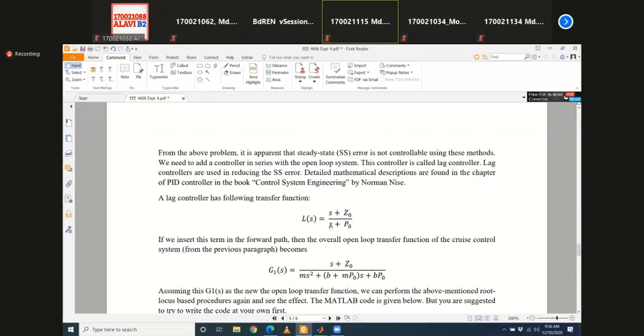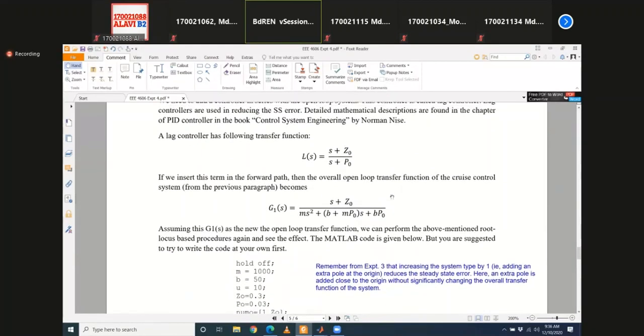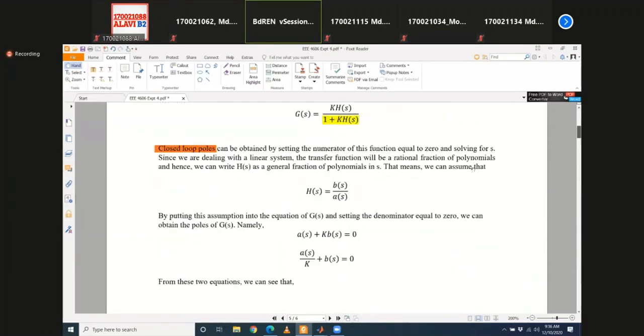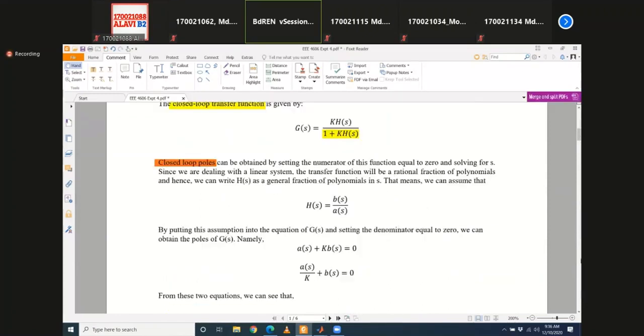So basically, if your z naught value is greater than p naught, that's a lag controller, and vice versa, lead controller. This lag controller will be connected in series in the forward path. So in the forward path, K and H(s), we will add the lag controller also in series, right?